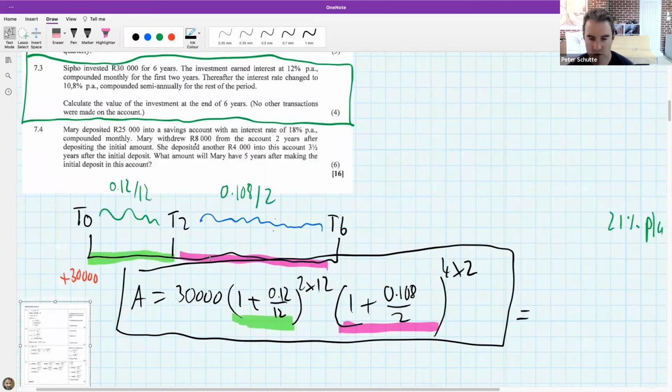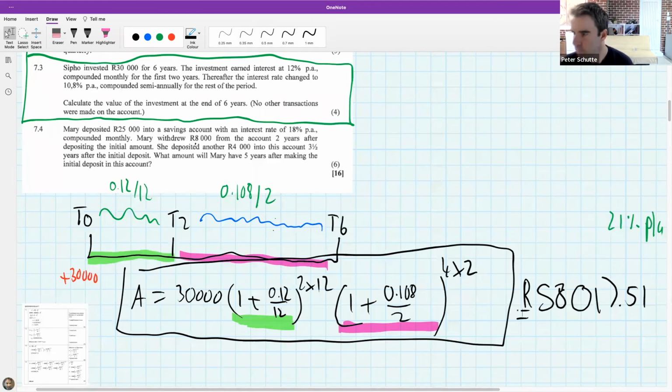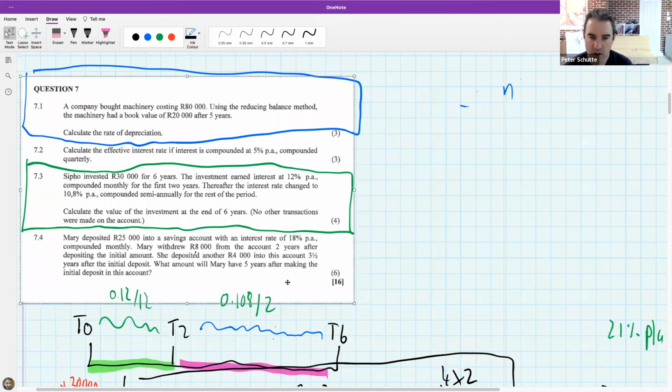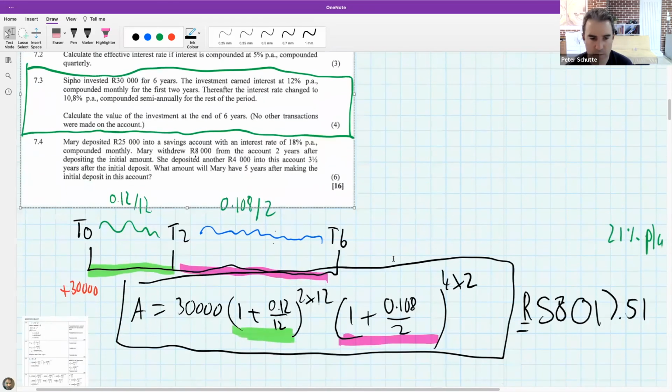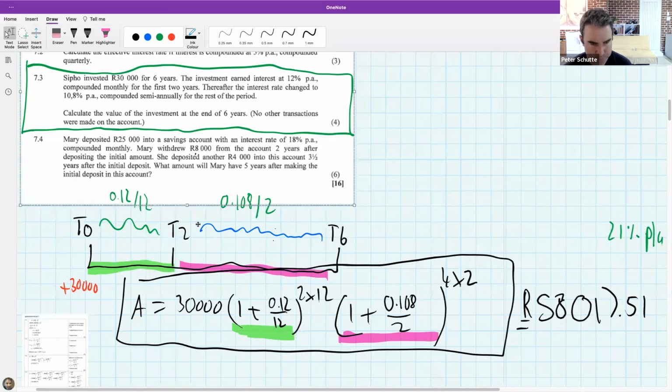So we get 58017.51 rands. That's what it's grown to. All right. What I'm going to do now is take a moment and look at 7.4, and that's going to be the last question that we do today.